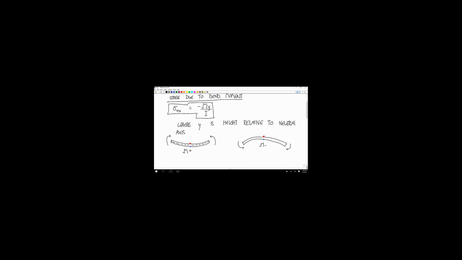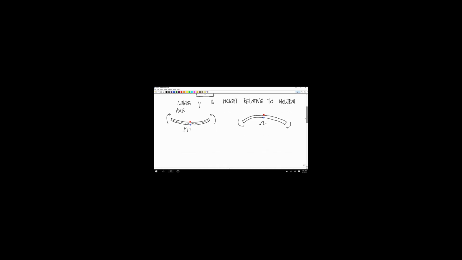Well, really the way you do it is you make a cut and calculate the internal loads. So like if I made a cut here, and the only external load we have is this, and then we have our internal loads. It has to be counteracted by a moment like that, and that's a positive bending moment.